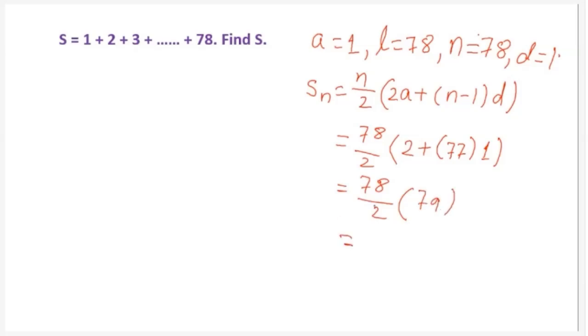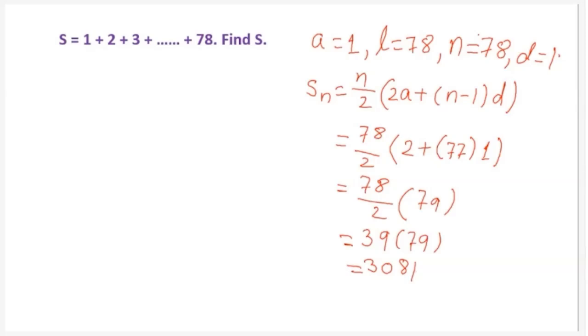That is equal to 78 divided by 2. I'm using calci. 78 divided by 2 is equal to 39. In bracket 79. 39 into 79. 3081. If I have not done any calculation mistake, this should be the answer.